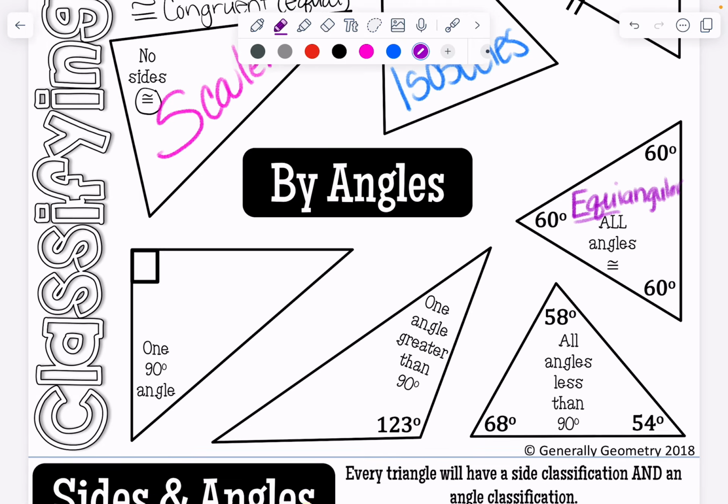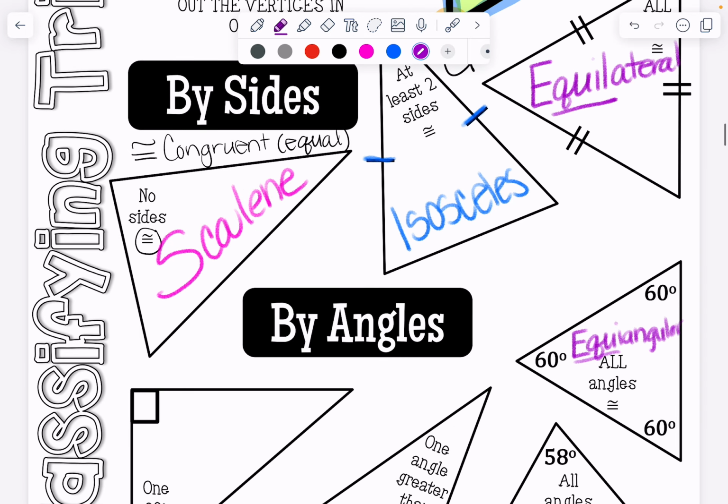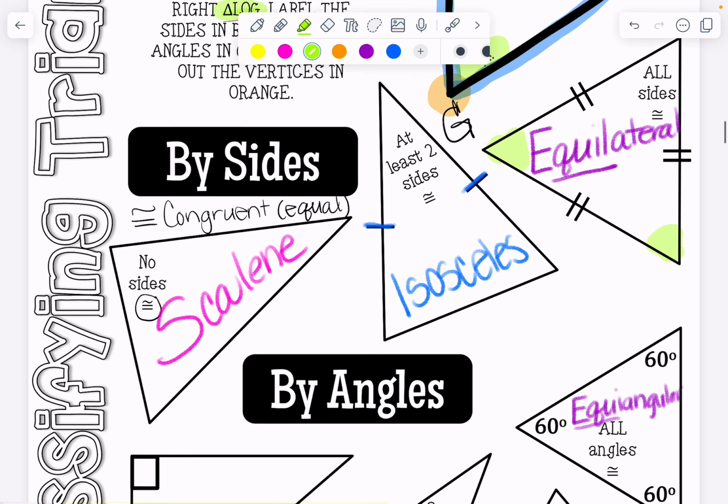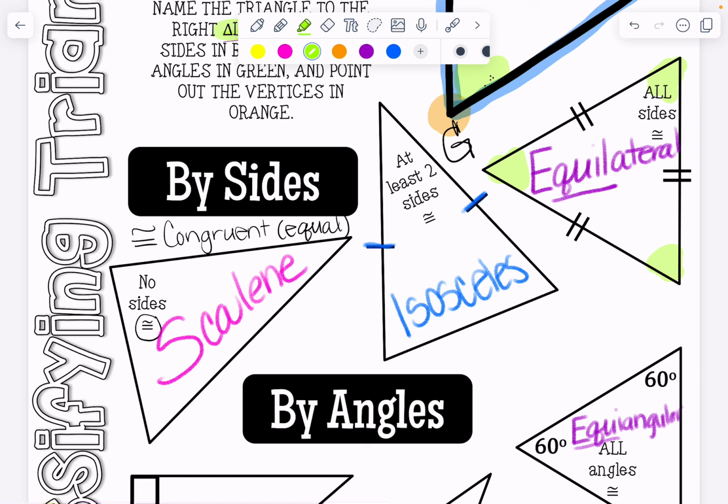And then one thing to know is that every equiangular triangle is automatically going to be an equilateral triangle. So for every set of equal sides, there are equal angles. So like an equilateral triangle has three equal angles as well. An isosceles triangle will have two equal angles.